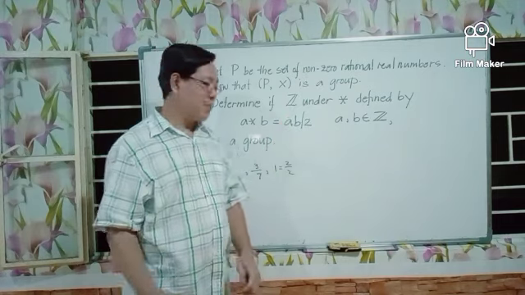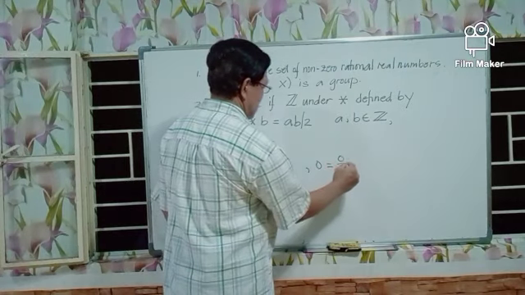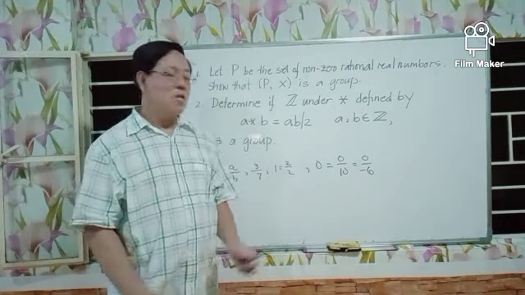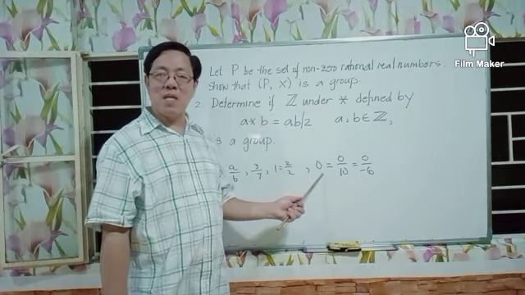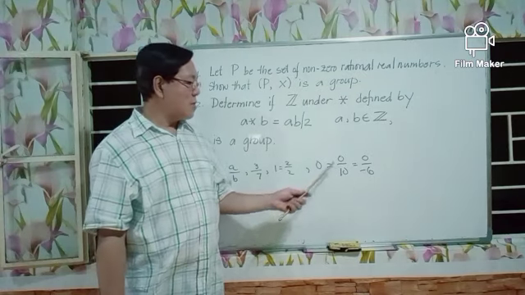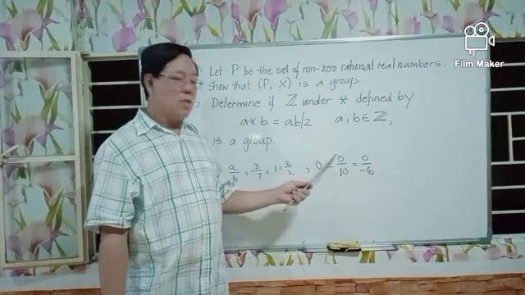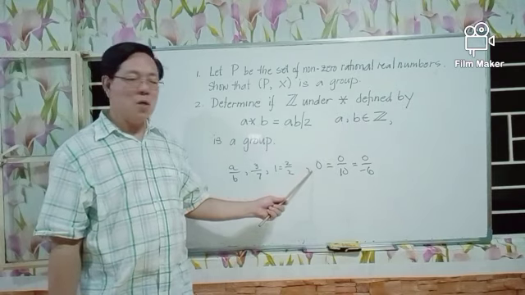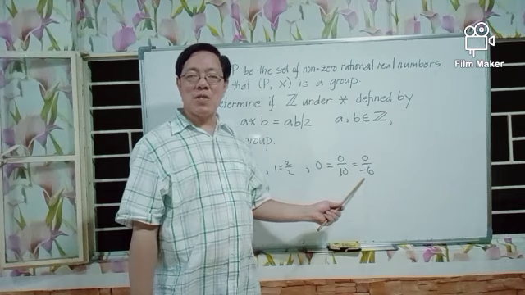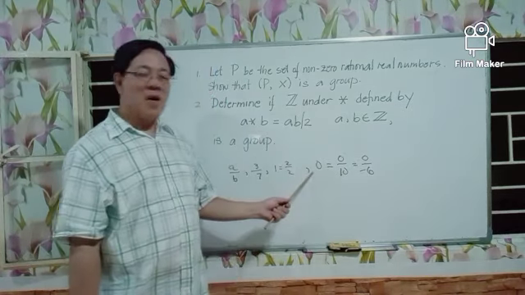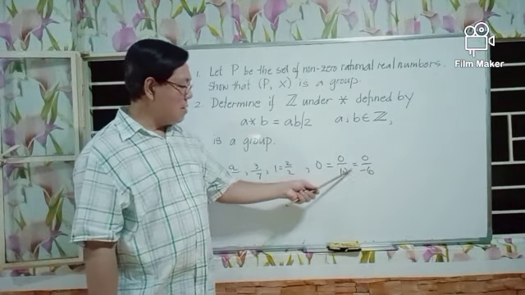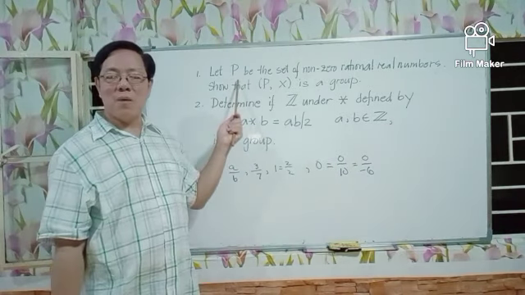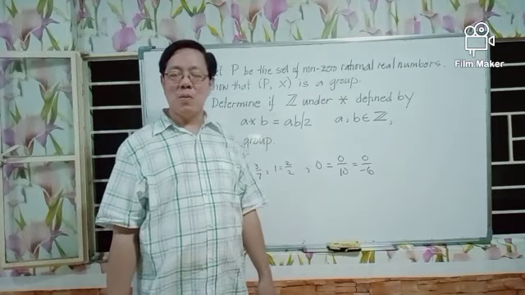This means that 0, which is a rational number because 0 can be written in many ways as the ratio of two integers, such as the integers 0 and 16, whose ratio simplifies to 0, or the integer 0 and the negative integer negative 6, which also simplifies to 0, is not included in set P, because number 1 says set P is the set of non-zero rational numbers.